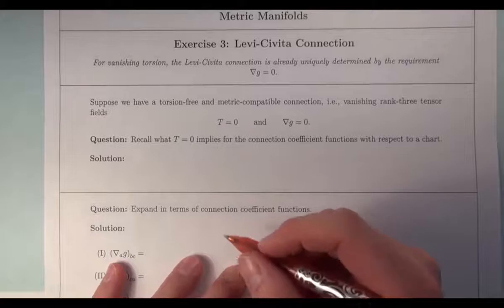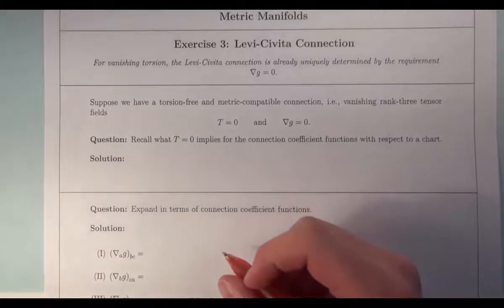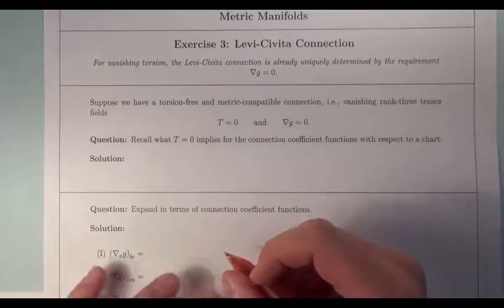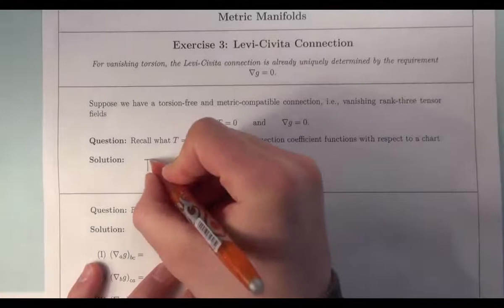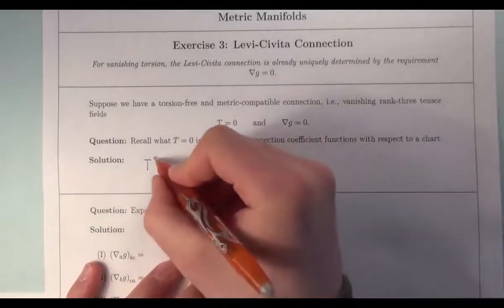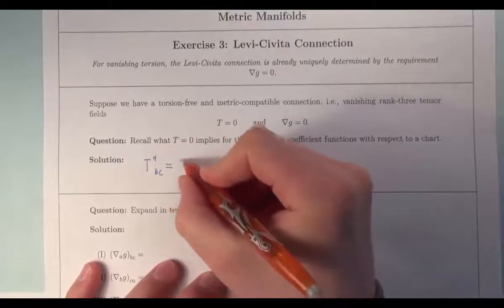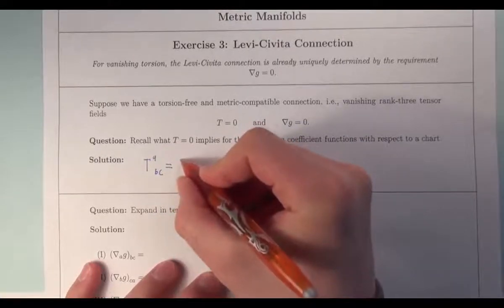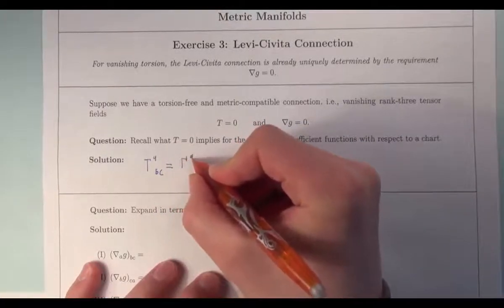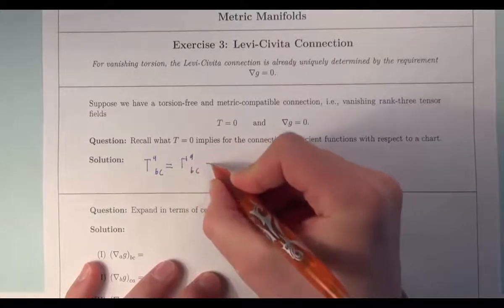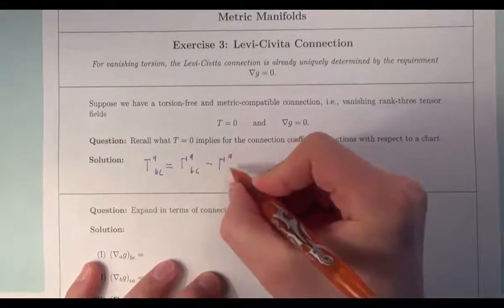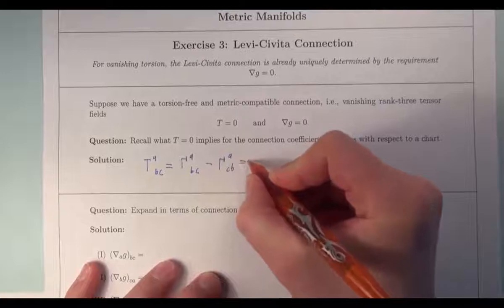Okay, first we are asked to recall what T equals 0 implies for the connection coefficient functions with respect to a chart. I first write down the definition of the component functions. T^a_bc is equal to 1/2 (gamma^a_bc minus gamma^a_cb) equals 0.